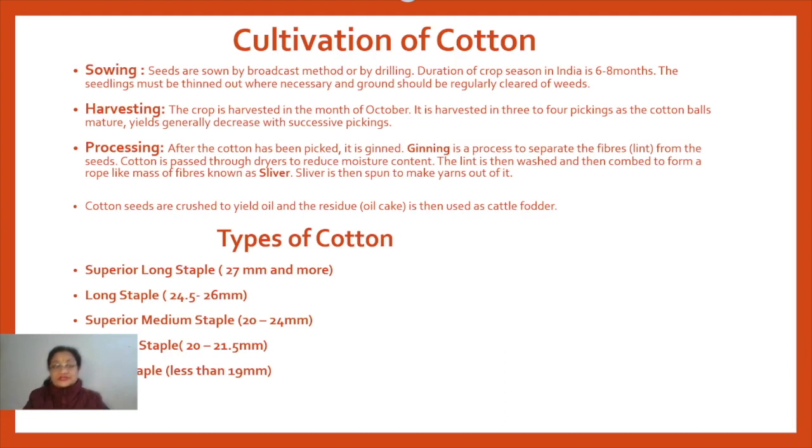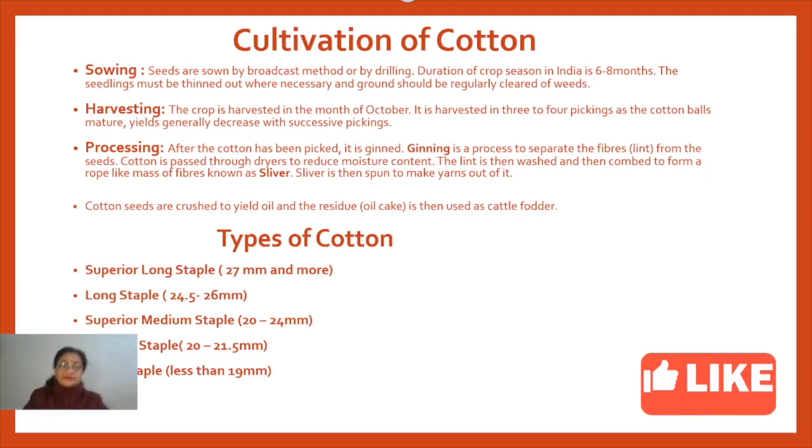And which are these? Gujarat, Maharashtra, Telangana, Andhra, and to some extent Karnataka also. So these 4-5 states are contributing the maximum part. Just imagine, 72% of the total area under cotton cultivation and 60% of the total production is contributed by these 4-5 states, and the rest of the production comes from the other states of India.